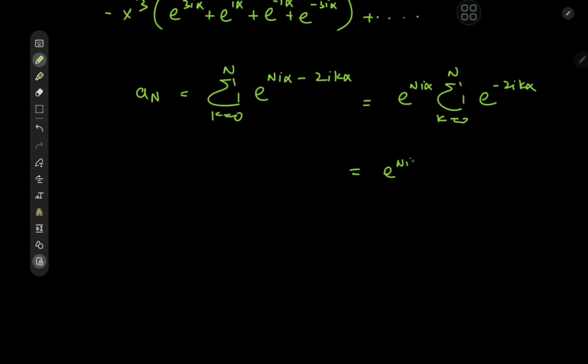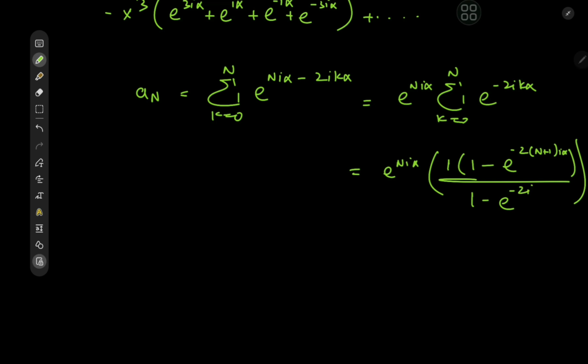We can expand this as, let's see, we have the first term being 1 times 1 minus the common ratio, which is e to the negative 2I alpha, to the power of the number of terms, and the number of terms here would be n plus 1. So this is in fact e to the negative 2 times n plus 1 I alpha, and in the denominator, we have 1 minus the common ratio, e to the negative 2I alpha.